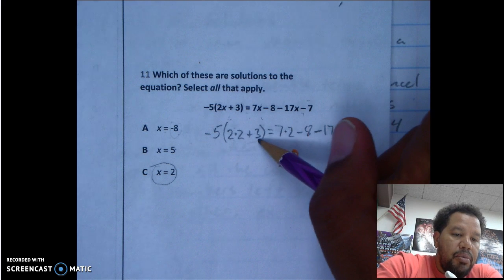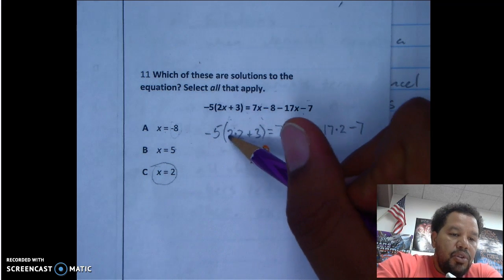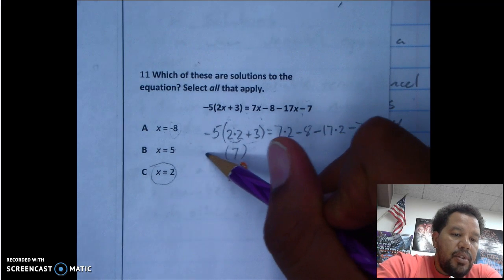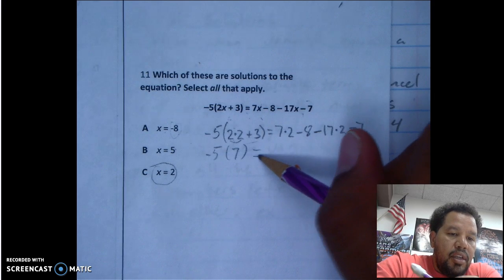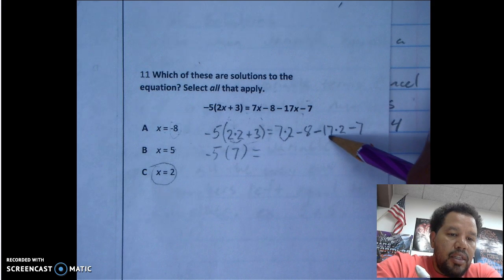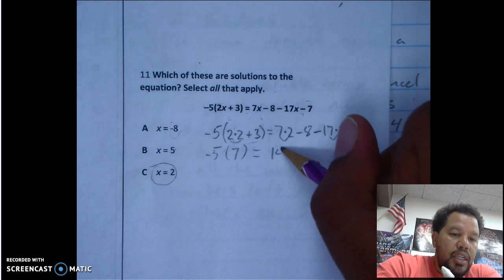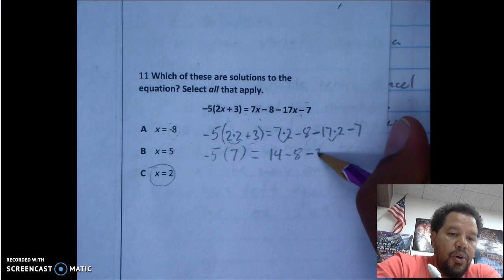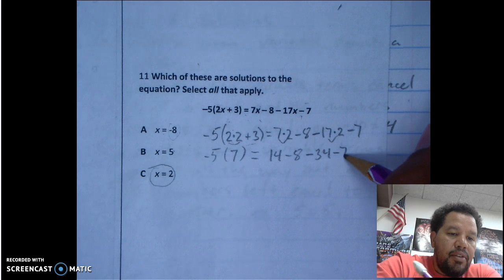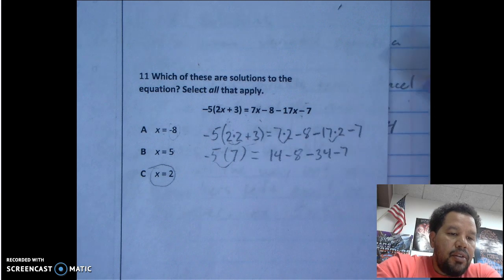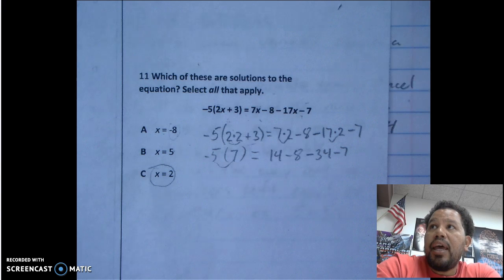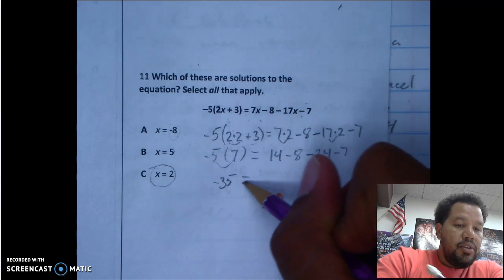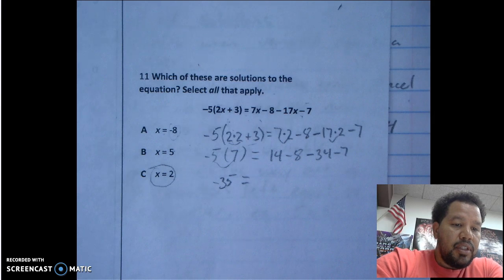Inside the parentheses, I do 2 times 2, which is 4, plus 7. So I get 7 times -5. I have multiplication twice, so I have 14 minus 8 minus 34 minus 7. So here, that's -5 times 7, which is -35. Now I have to see if this side is going to equal -35.